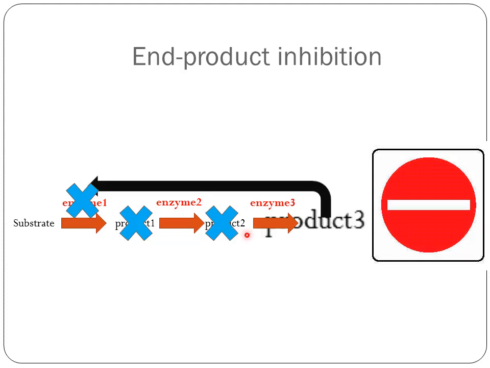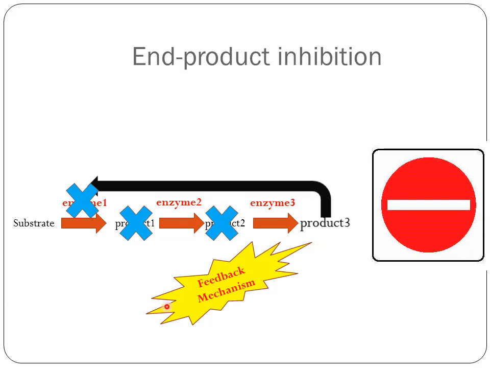The same thing, product 3 will not form. This will lead to product 3 decreasing again to the normal level. This sort of control inside the body is called a feedback mechanism, and it's needed in many areas of the body in order to keep the levels of molecules within the normal range.